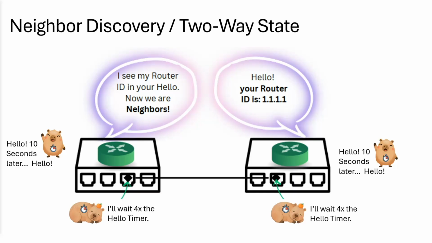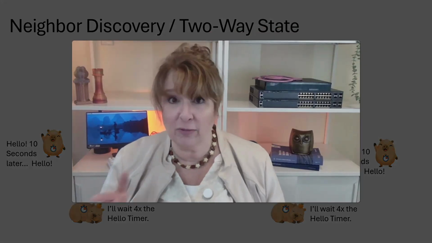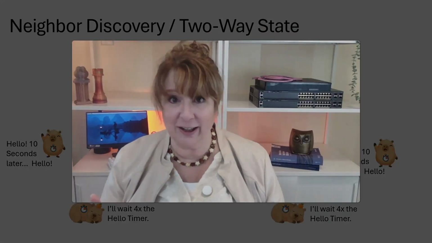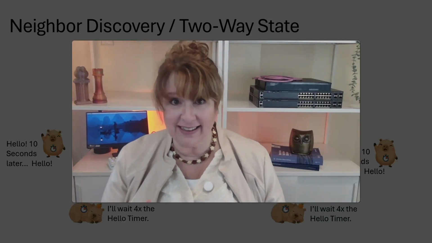Now, these default values, such as the 10-second hello timer and the 40-second dead timer, may not always be ideal. While your routers don't actually get annoyed, your network might.